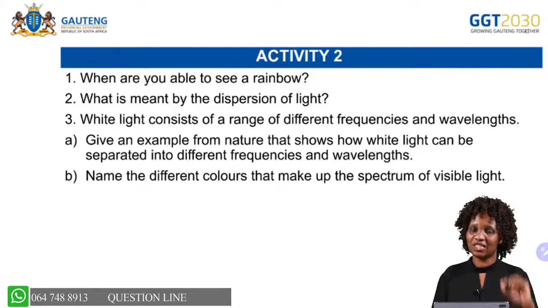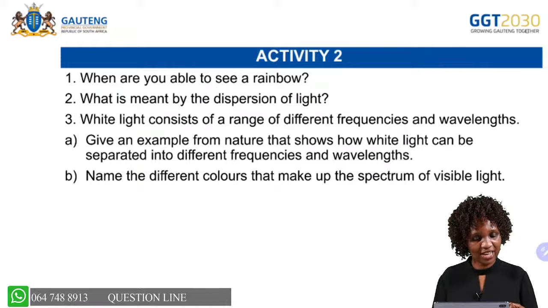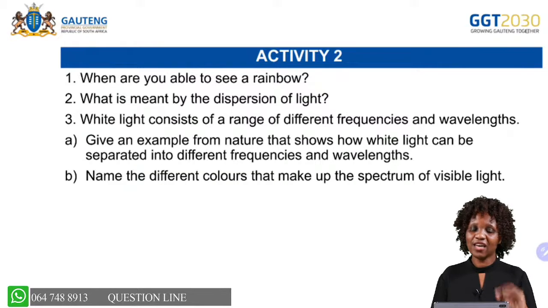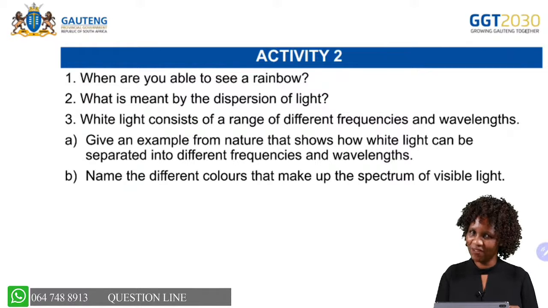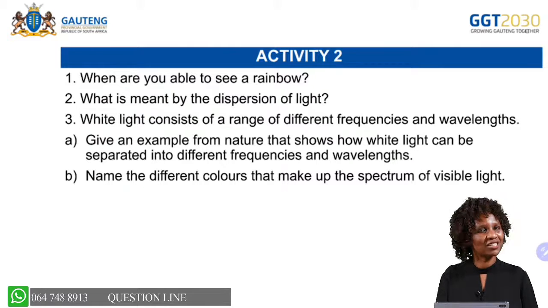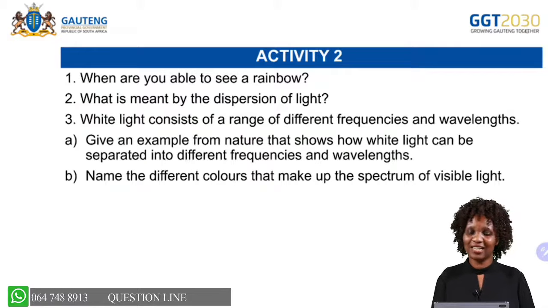White light consists of a range of different frequencies and wavelengths. A. Give an example from nature that shows how white light can be separated into different frequencies and wavelengths. And then 3B. Name the different colors that make up the spectrum of visible light. All right, grade 8. I'll give you 5 minutes to answer those questions.